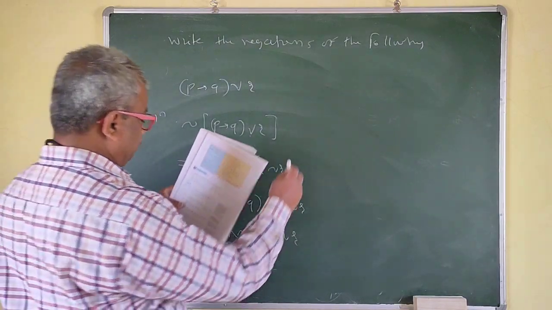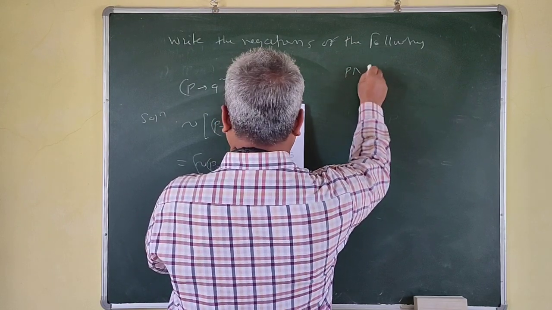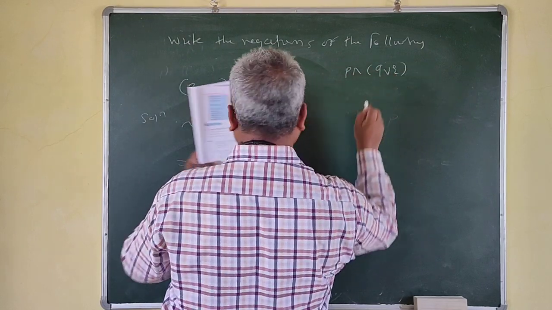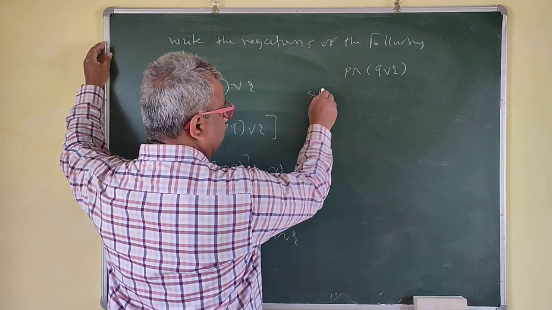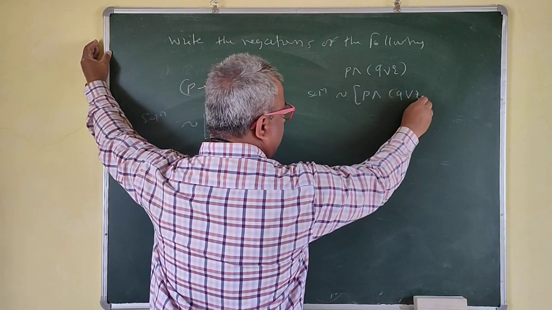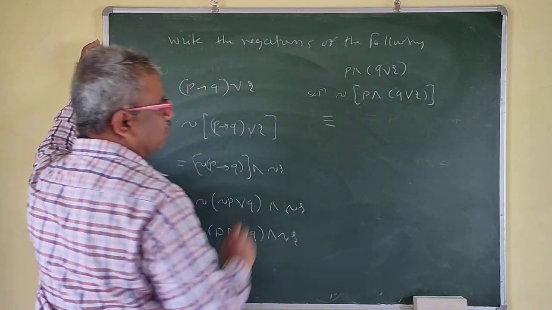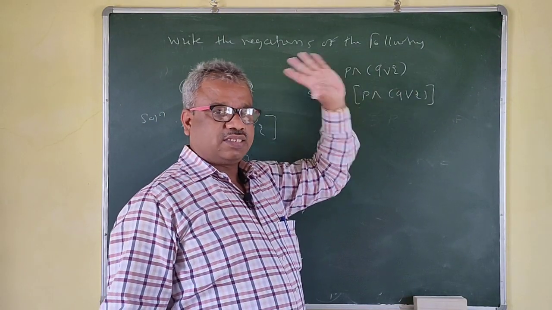Okay, next: P and (Q or R). You have to write the negation of this one. Solution: negation of P and (Q or R) is logically equivalent to negation P or negation of (Q or R), considering the bracket as a single letter.